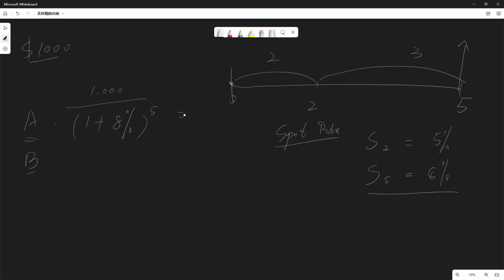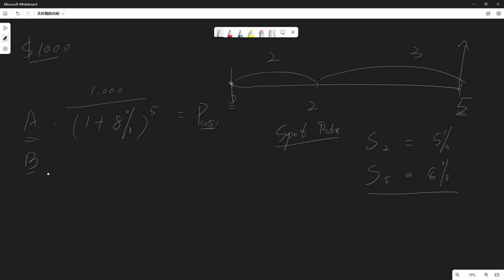This is the price from 0 to 5. You hold the bond at time 0 to maturity, and you receive the zero coupon bond payout at time 5, but you discount that back to now, and you get this price.